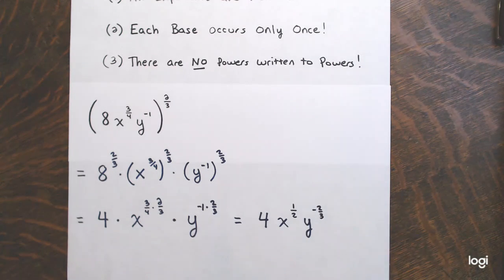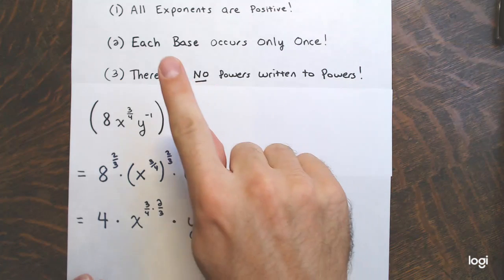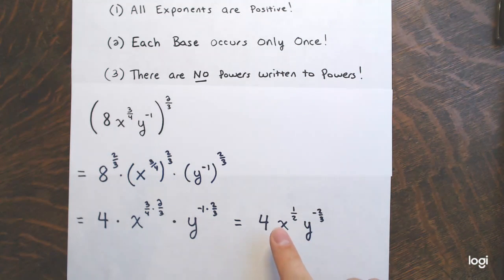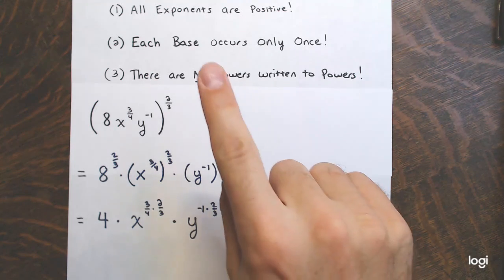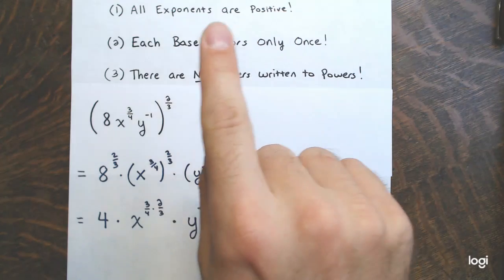All right, so I'm almost there, right? Each base does occur only once. You got 4 occurring once, x as a base occurring once, y as a base occurring once. There's no more powers to powers.